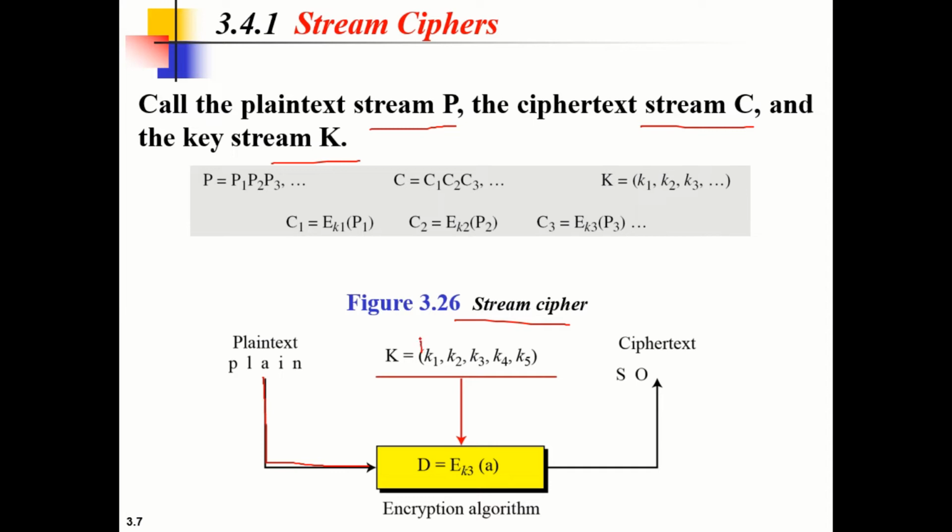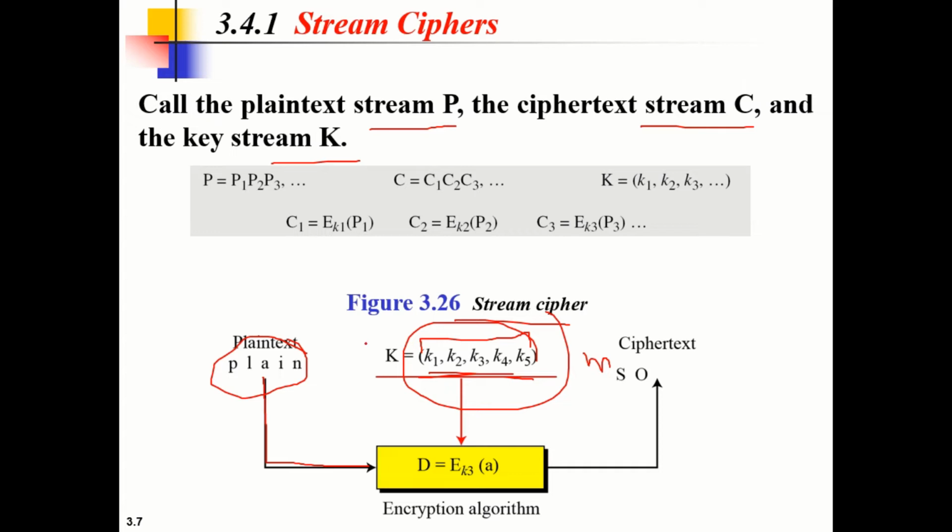In this key stream, the values of key can be the same or different. Just like in additive cipher we use the same value of key for each and every character of the plain text, and in Vigenere cipher we use a key of size m, but all the characters in this key are different.